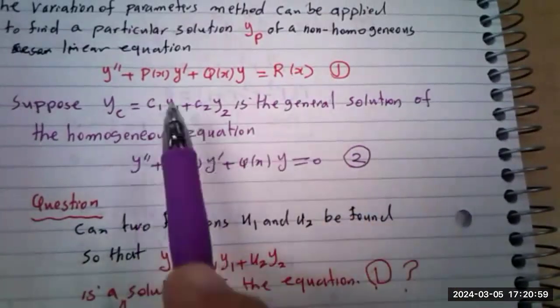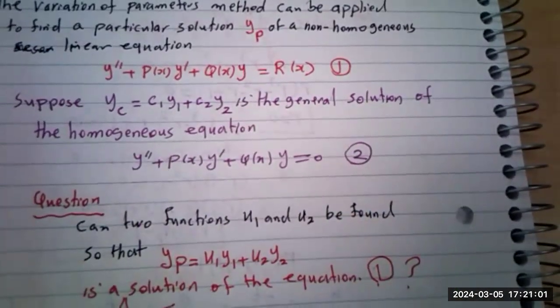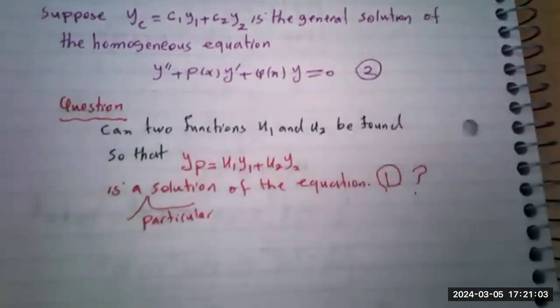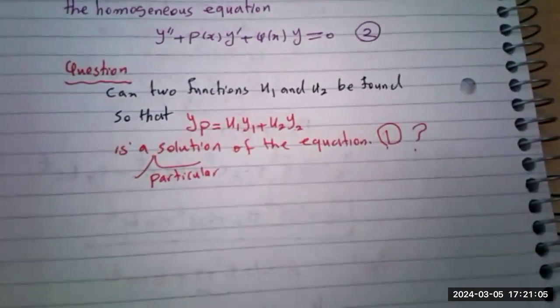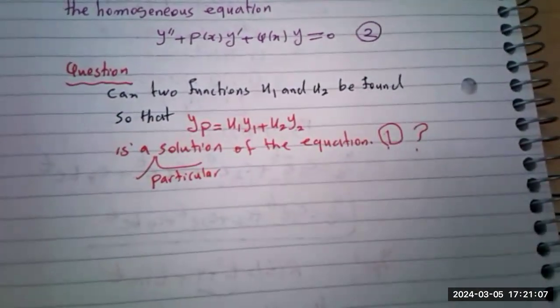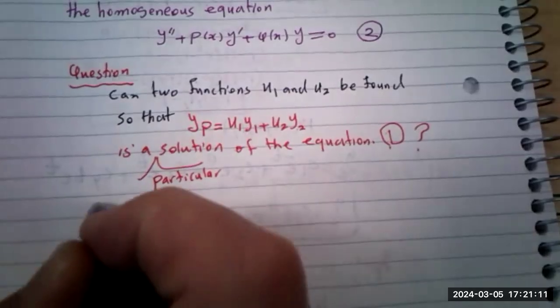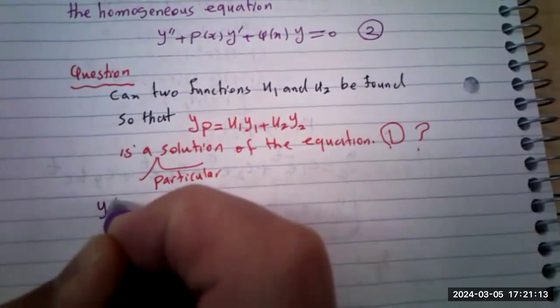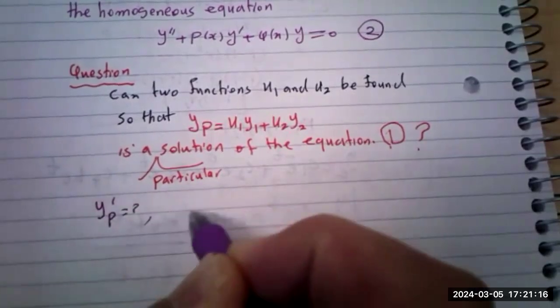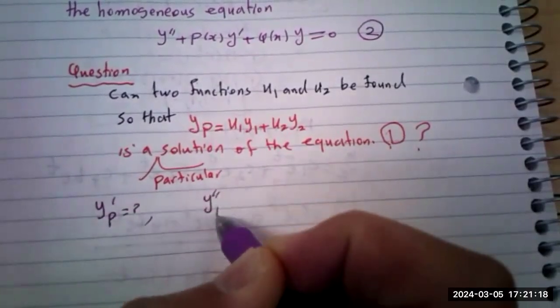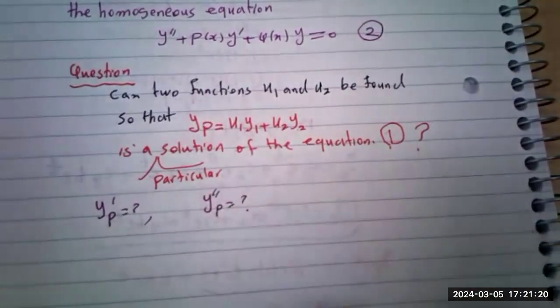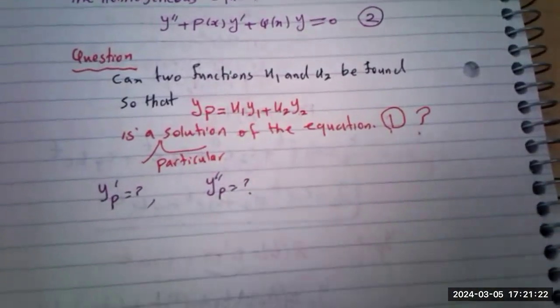So I need the y prime and the y double prime. Patiently find yp prime and yp double prime of this. I already have the yp, then I substitute into number 1.